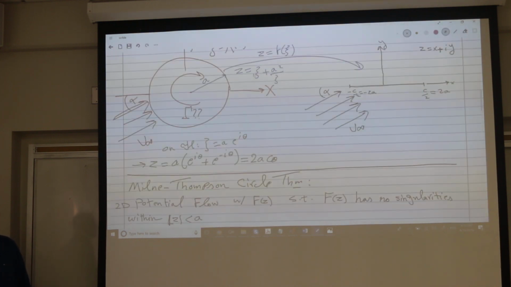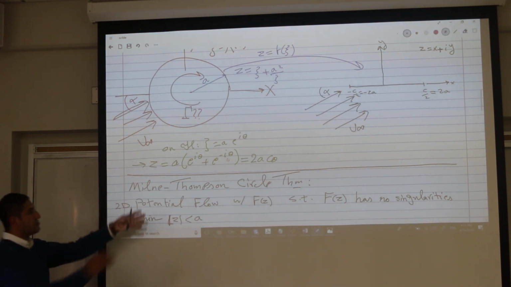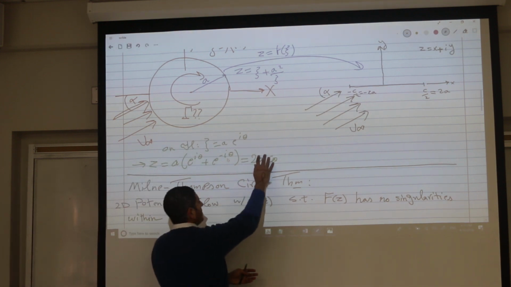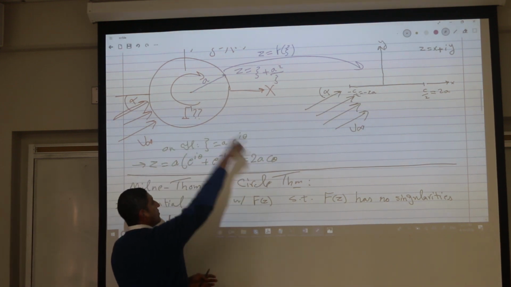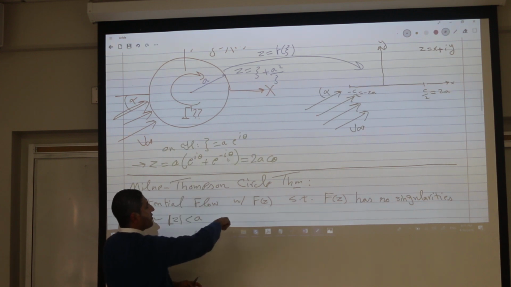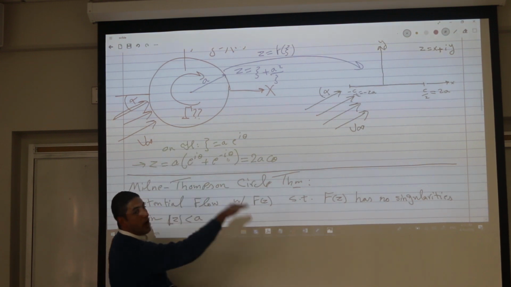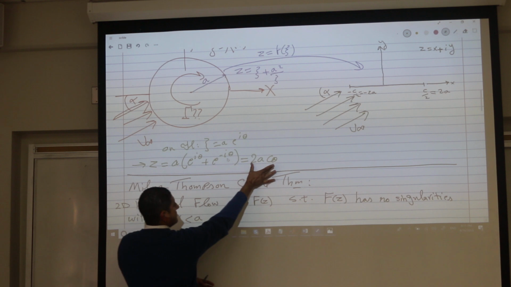a e to the i theta here, and a e to the i theta there. a squared divided by a gives you a. So you have e to the i theta plus e to the negative i theta. The imaginary parts cancel and you get a real number only. It means that all the points on the cylinder for theta from 0 to 2 pi map to this segment.